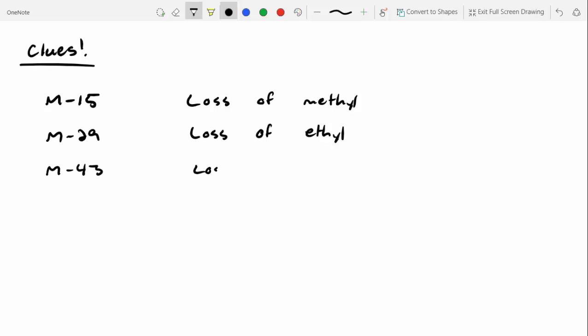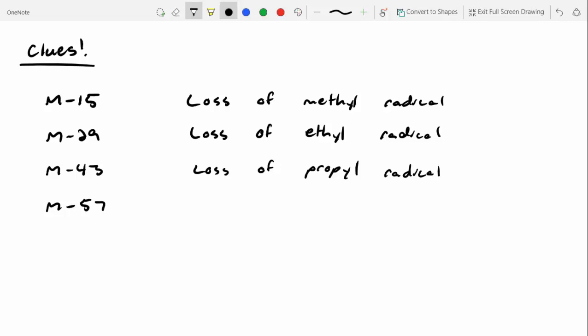This is loss of propyl. And in this case, are we losing a methyl, ethyl, or propyl cation? No, it's a radical. The peak that we're observing is the cation. And we can keep on going down. I'll just stop at butyl.